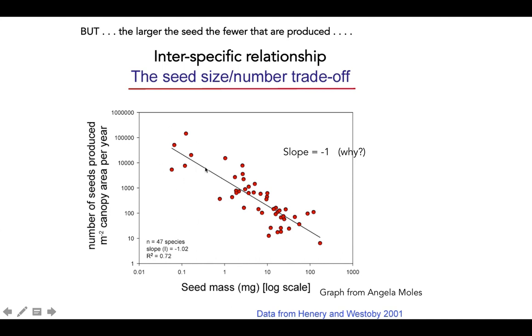So these species are producing, gosh, orders of magnitude more seeds than these species that produce large seeds. Notice that the slope here is actually -1. So does -1 tell you anything special about the fact that this is not only a negative relationship, but it is also a trade-off? Okay, and so we will come back to that in a little bit. A negative relationship indicating a trade-off.